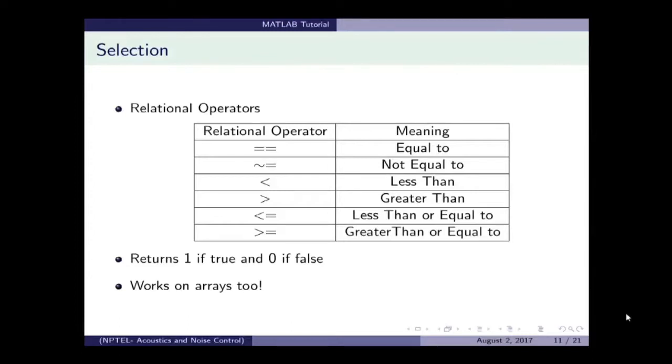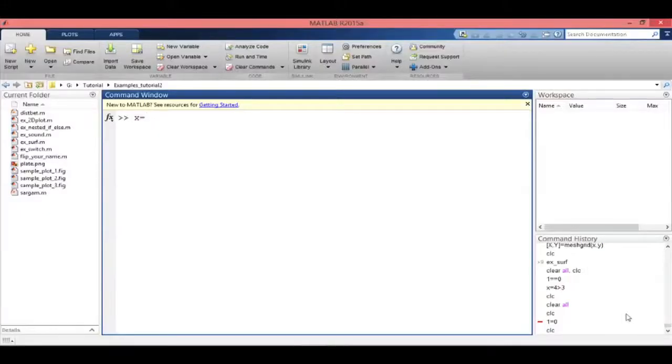So, relational operators, as the name suggests, compare two statements and return 1 if true and 0 if false. This table here lists relational operators. Let's try a few of them. So, let's say x is 2 and y is 8. First we will see the equal to operator.